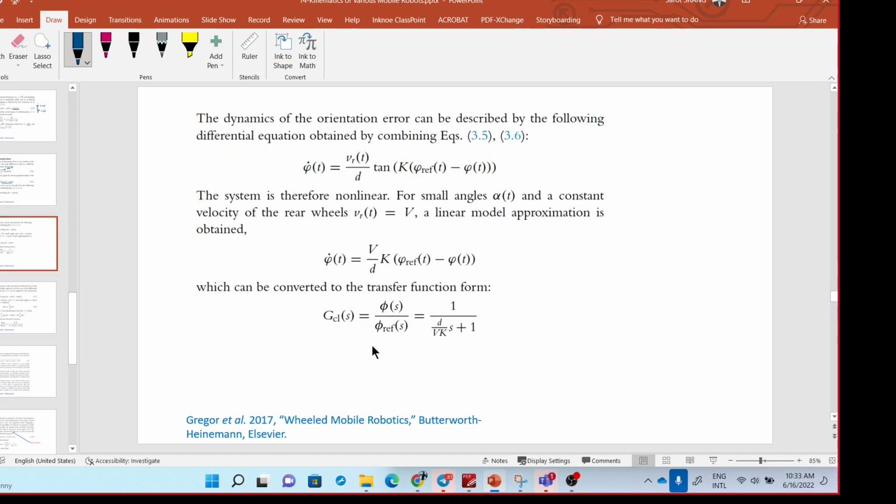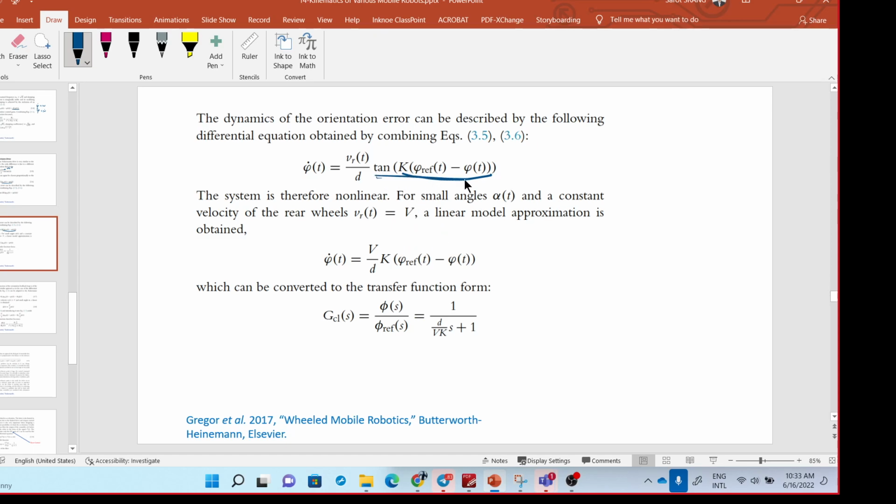In this case, we do the approximation if the angle alpha is small, which means we don't steer too much. For a car, maybe at most around 45 degrees. So the approximation is for small alpha, but small here means not very small. It can be to some extent like 30 or 40 degrees.